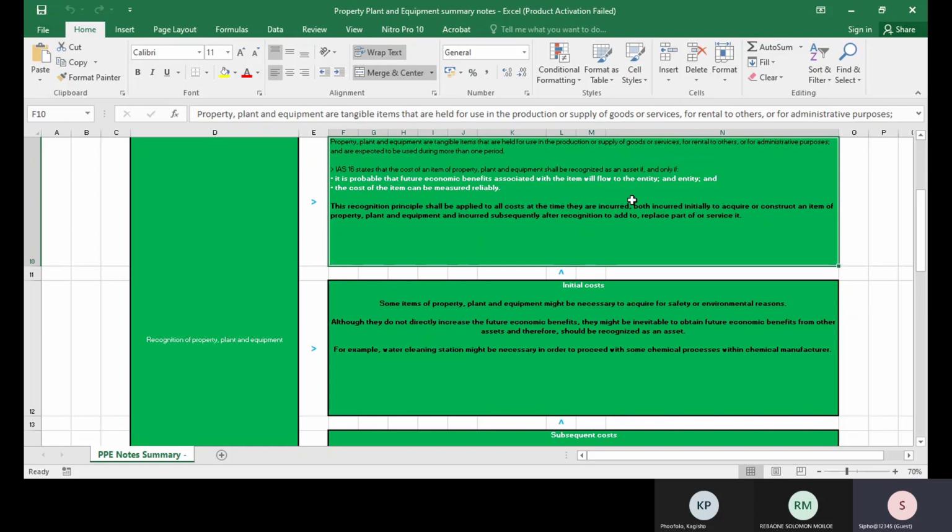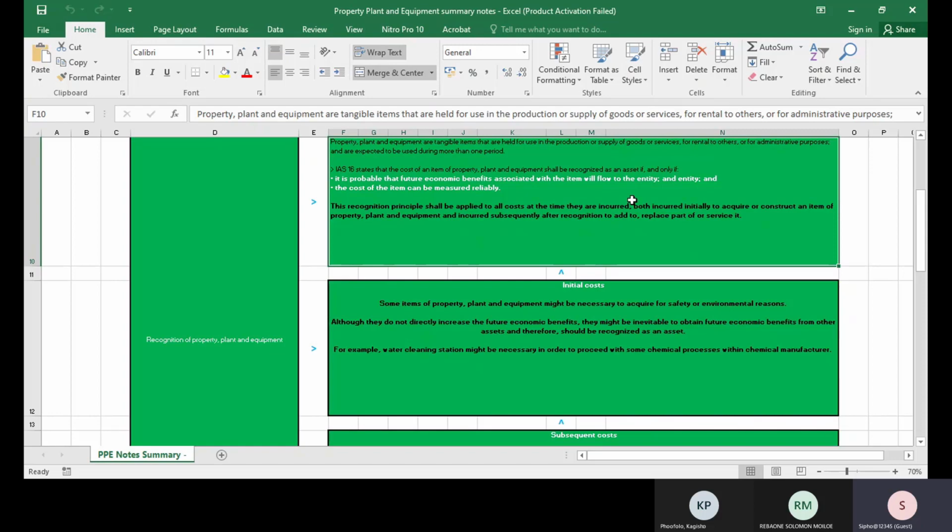So the standard, basically, that's what it means. You understand, Solomon? Yes, so I'm just clarifying it for you so that you get an understanding of what exactly they mean when they say the cost. Because for you to recognize an asset, you need to be able to tell that it is probable that future economic benefits associated with an item will flow to the entity.